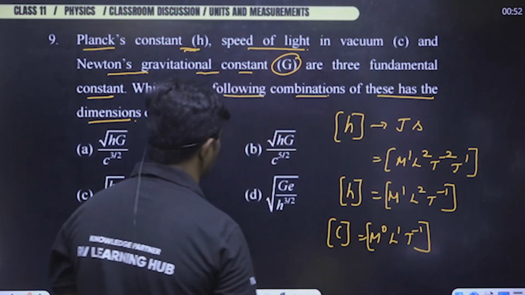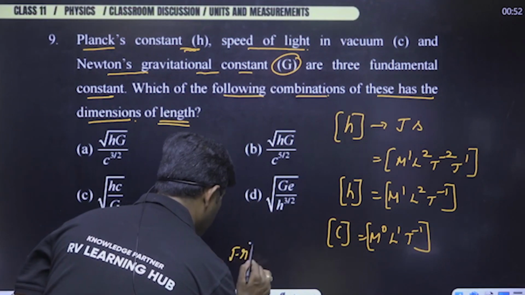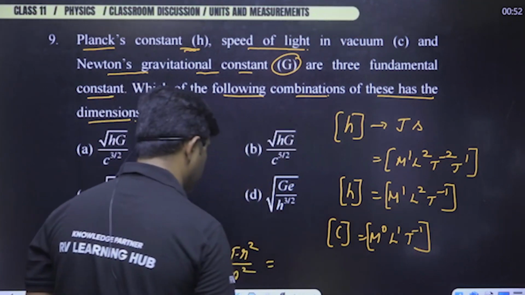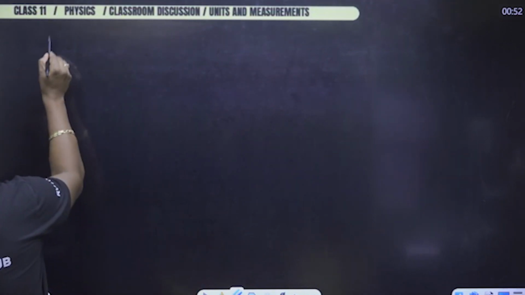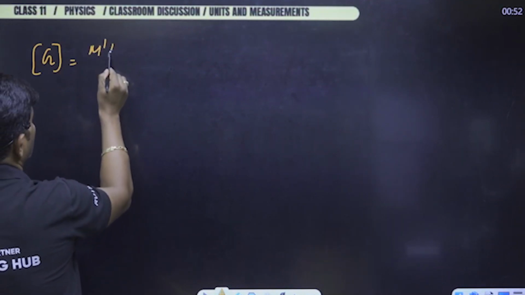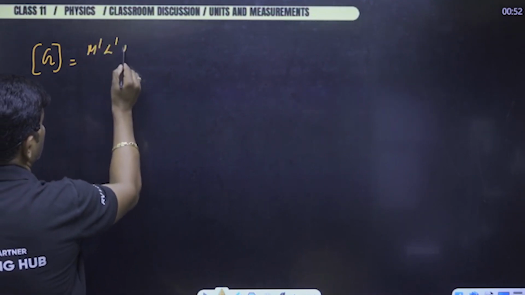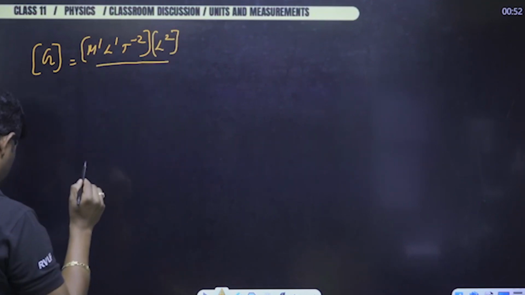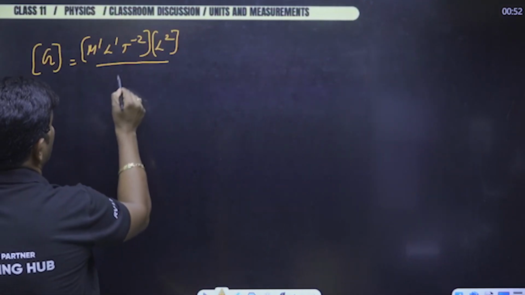And for Newton's gravitational constant we have to think. So G we can write as F into R square divided by mass square. Just substitute everything. What is the dimensional formula of G here? The dimensional formula of G becomes M power 1 L power 1 T power minus 2 into L to the power of 2 divided by M to the power of 2.